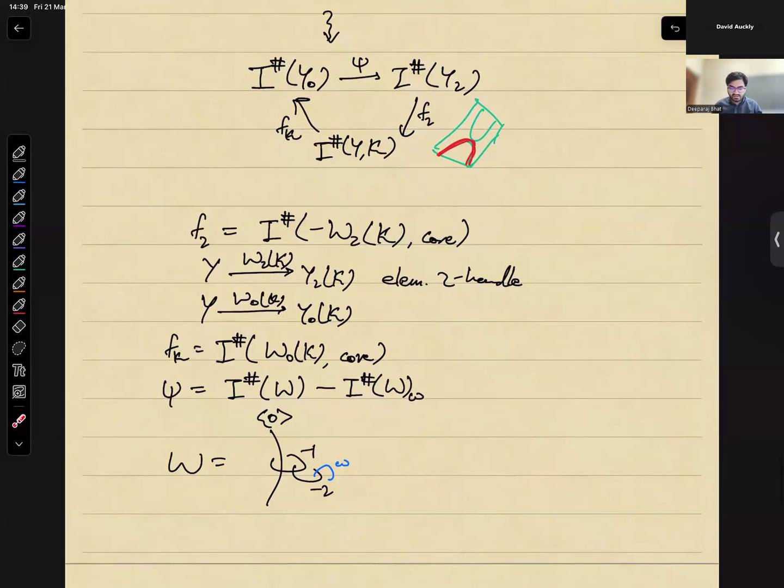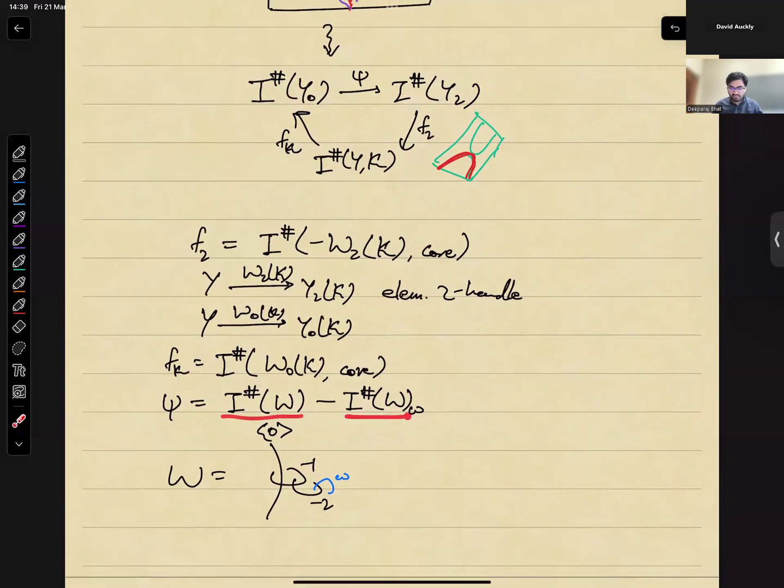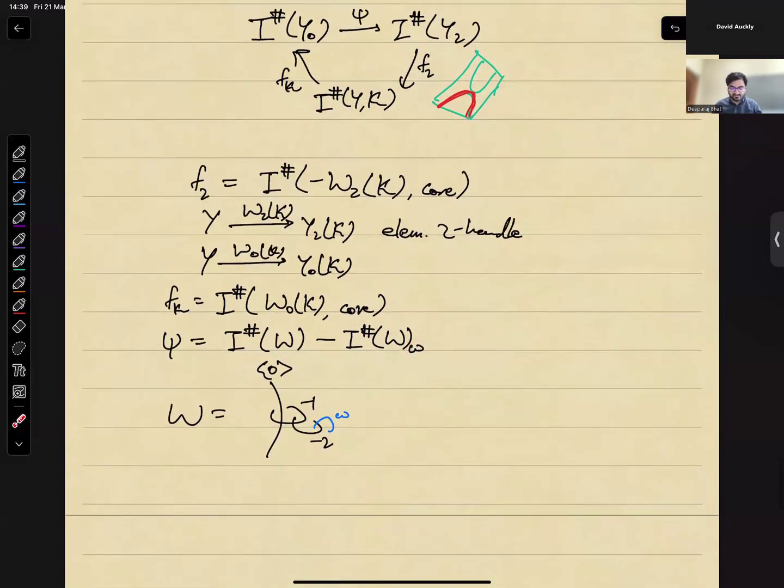And your map psi is a linear combination of two different four-manifolds, one with some decoration. This four-manifold can be represented by a relative Kirby diagram.